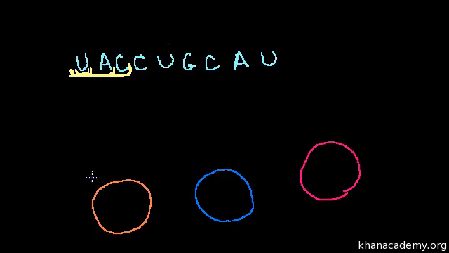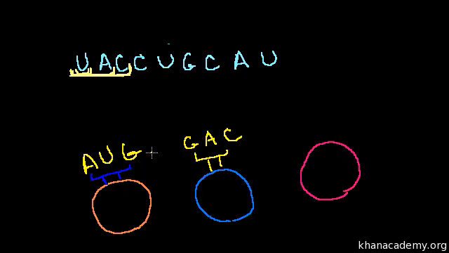So this amino acid is attached to a tRNA molecule that has the code A U G on it. And this one right here, let me pick another one, has the code G A C.